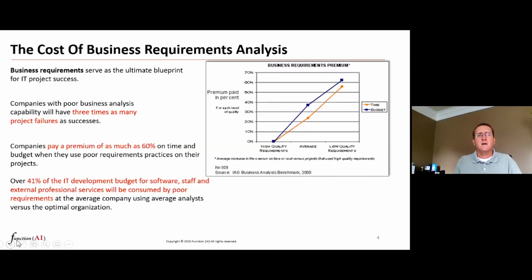You see 41% of your budget starts going towards trying to redo those business requirements and trying to eliminate bugs that are generated from poor business requirements.